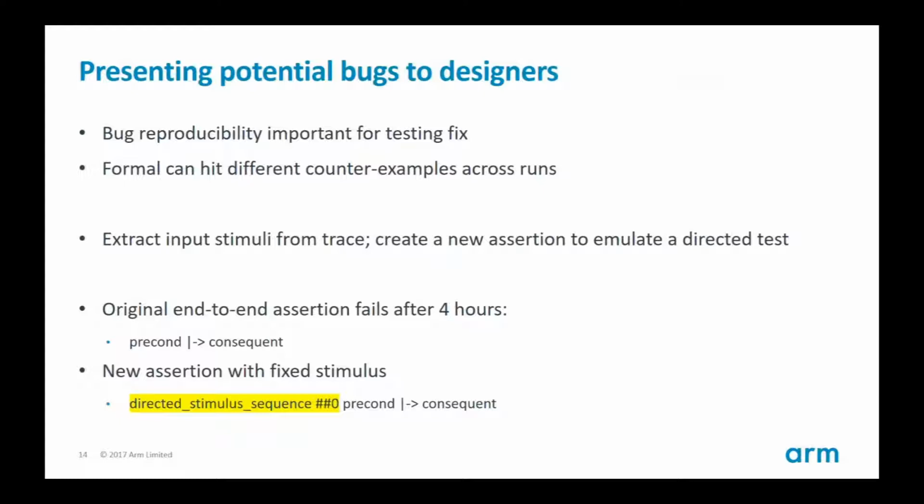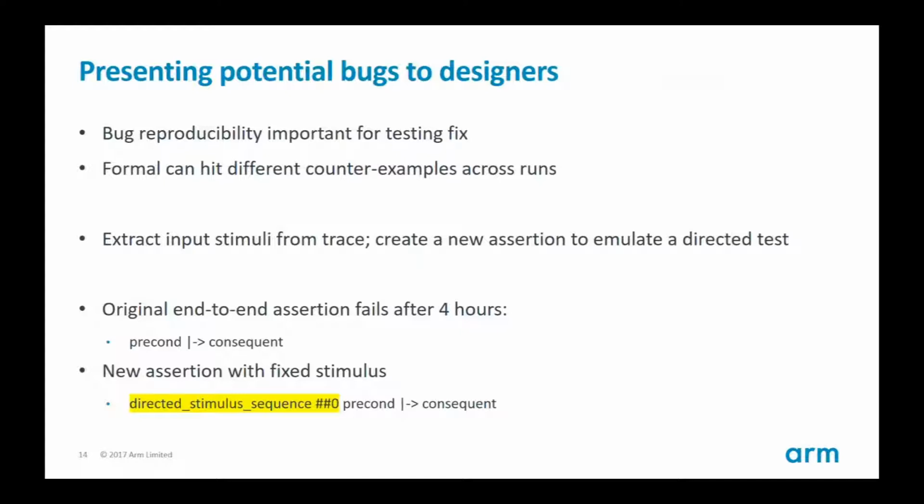So towards that, we developed a methodology where we were writing a directed assertion in some sense and providing that to the designer to achieve two things. One was to reduce the time it took the designer to actually generate the fail, even though the original time was, let's say, 4 hours or 5 hours.